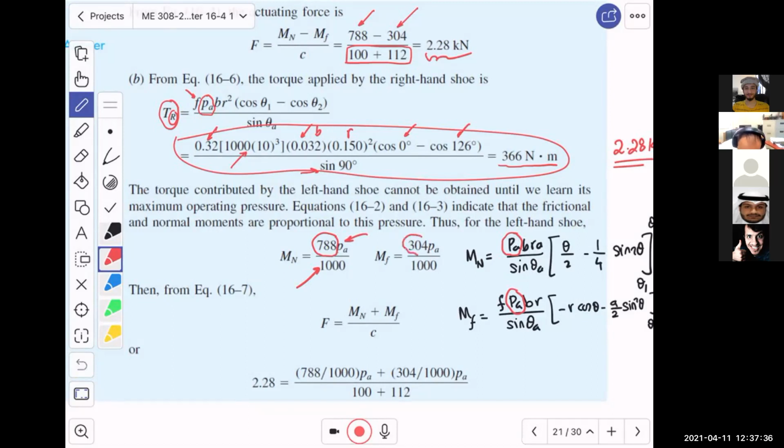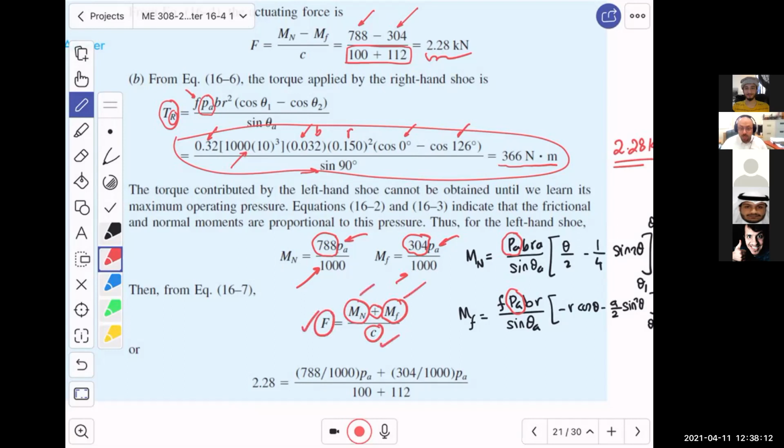And the same, take this one, multiply it by PA, which is unknown, and divide it by 1000, such that the pressure is in kilopascal. Okay, so what is happening here? If you look, the left shoe is de-energizing, which means F is equal to Mn plus Mf divided by C. F is known, C is known.